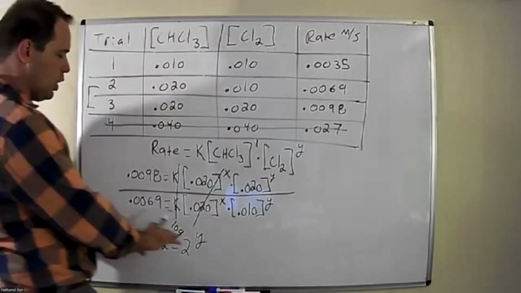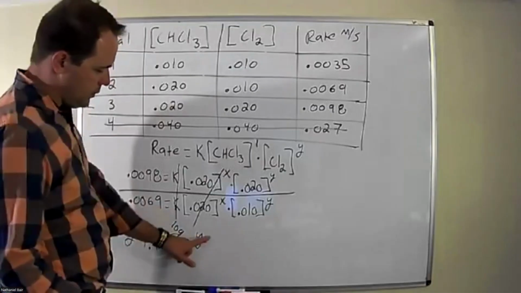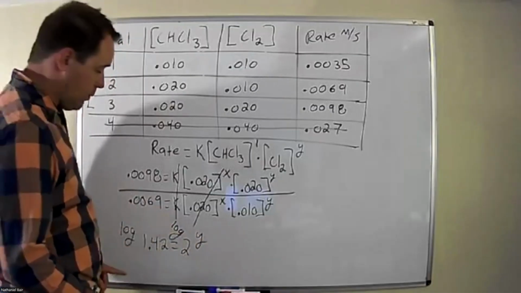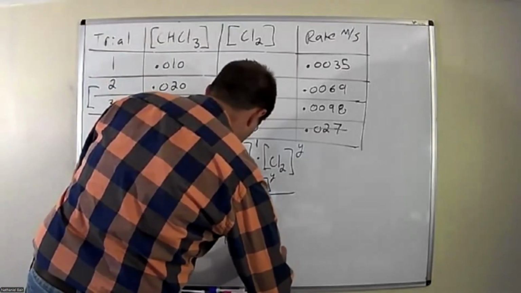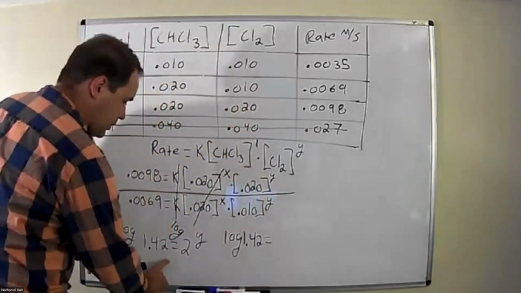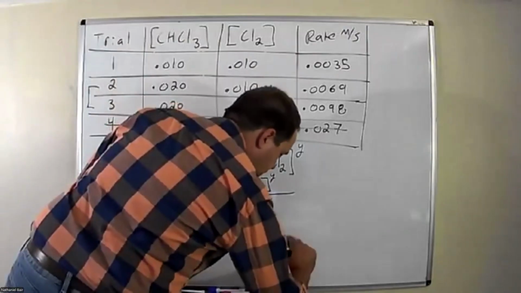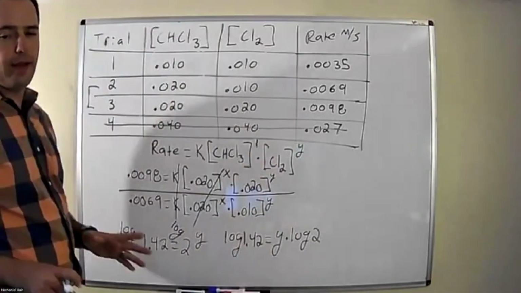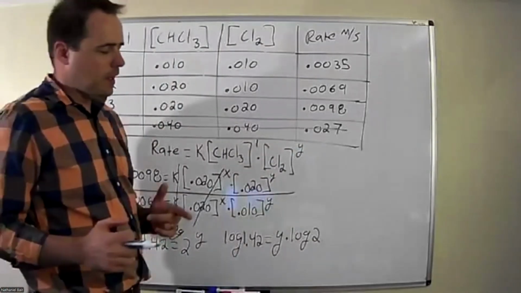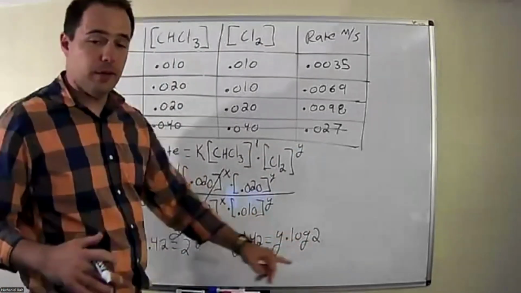If I take the log of both sides, what that does is it brings that y down in front. And what this becomes is the log of 1.42 equals y times the log of 2, as that exponent comes down in front. You don't need to know why, just need to know that's what happens. And now you can punch it on your calculator.